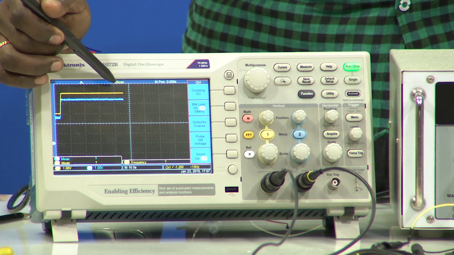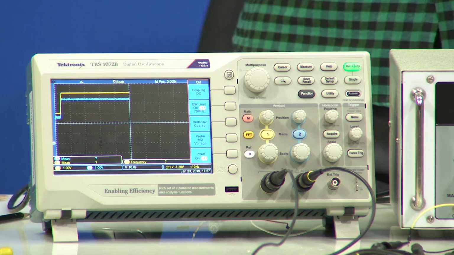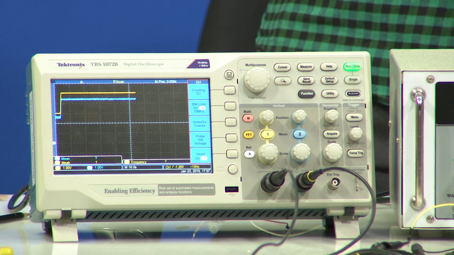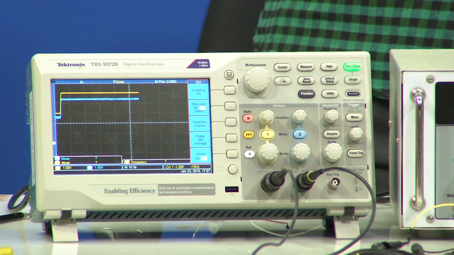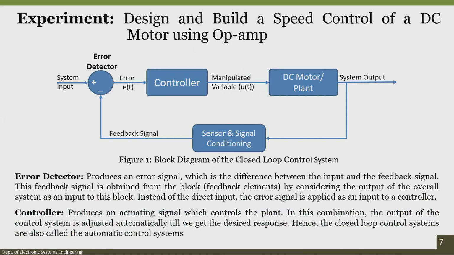But what happens if I go directly by using a P controller and changing the gain? The problem is that when you go with higher gains of a P controller, at the initial stage there are chances of providing higher voltage in order to make the motor rotate to the required RPM, but because of that the current drawn as well as the voltage applied across the motor will be higher, resulting in damage to the system.